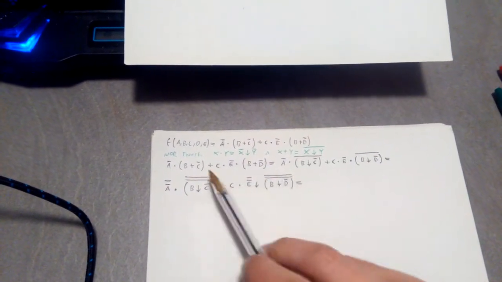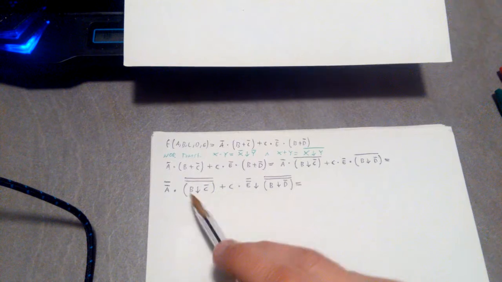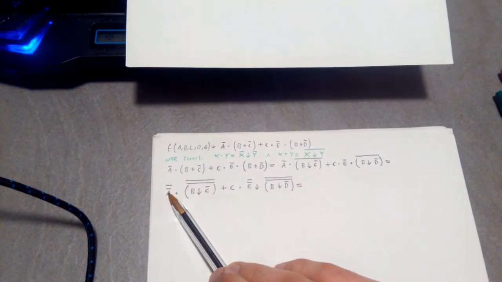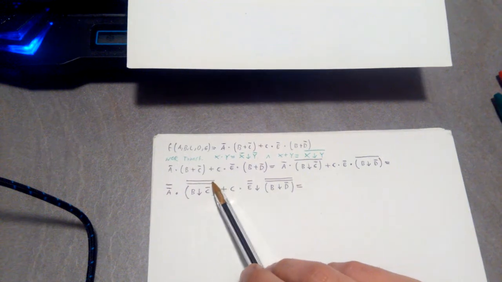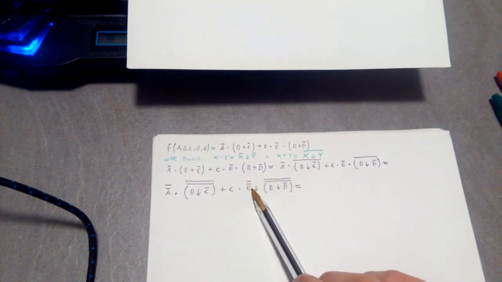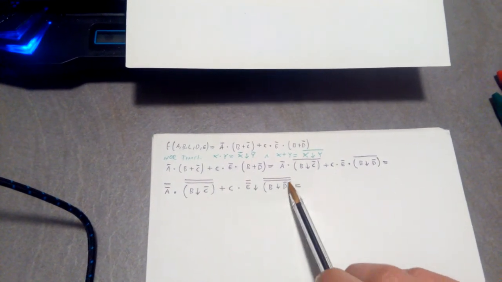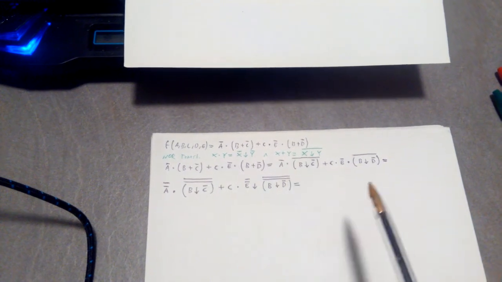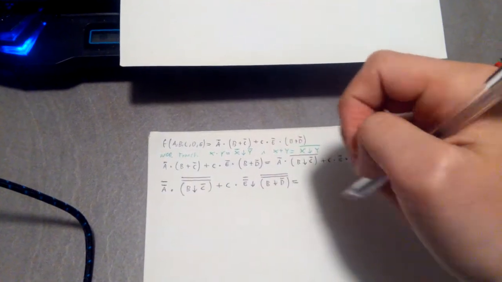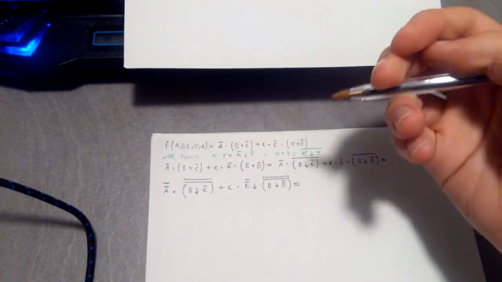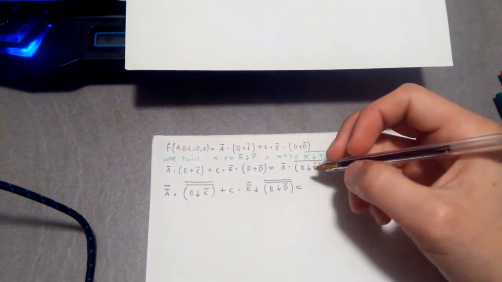So I'm just going to rewrite this to clean things up. A naught naught is going to be a, the initial value. E naught naught is just going to be e, and these two cancel out as well, for the reason I said before: if we negate something twice, it's just the initial value.